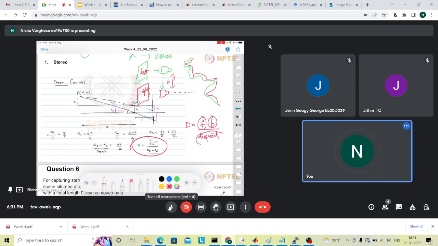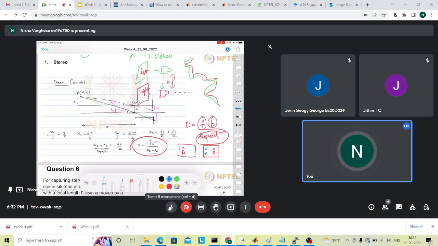Disparity is the distance between the same points in both images. Say this is the first image and this is the second image. One point is here, point A. Then the same 3D point in the second image is B here.